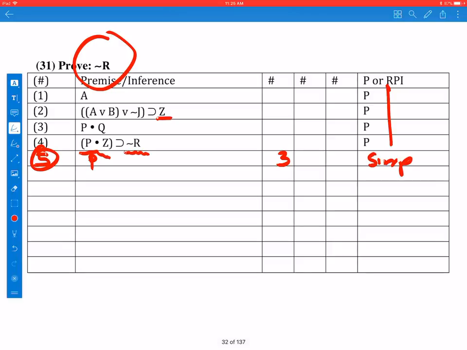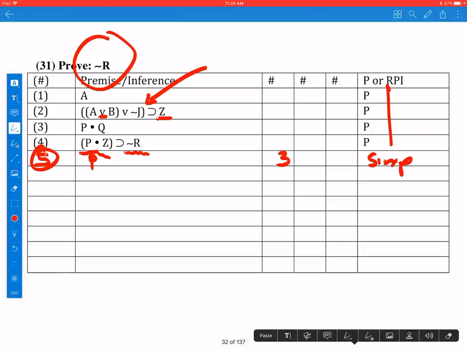And I notice there's a Z in line 2. Now look what we need to get the Z. That big antecedent, A or B or not J, and the only thing we have to work with is an A. Well, the thing to notice is that it's all ors in there, which means we can build that antecedent by using the A. Watch.